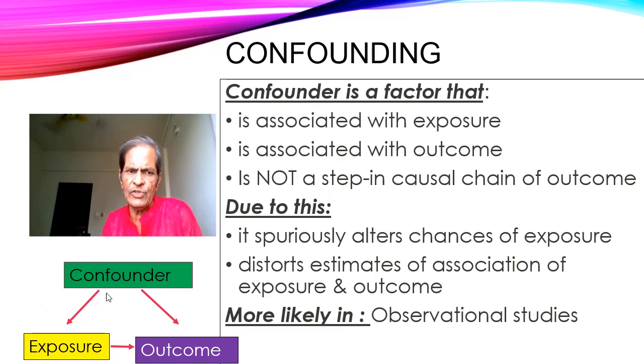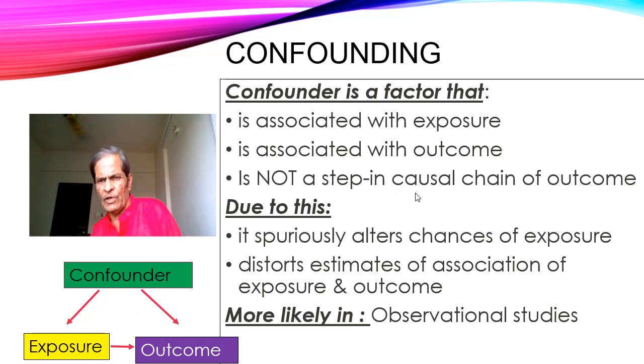It is also associated with the outcome, but it is not a step in the causal chain of the outcome. So it is not in the natural history of the disease, but it is just associated with the exposure and the outcome. Then such factors are called confounders.